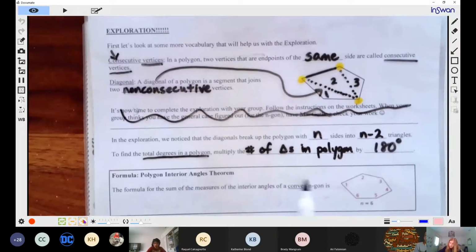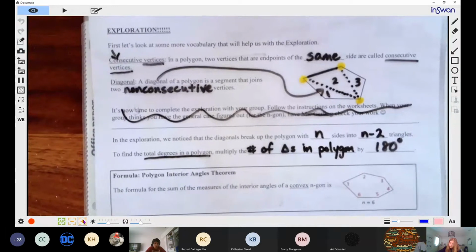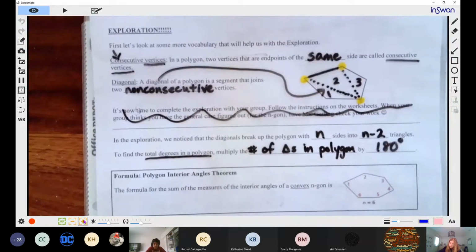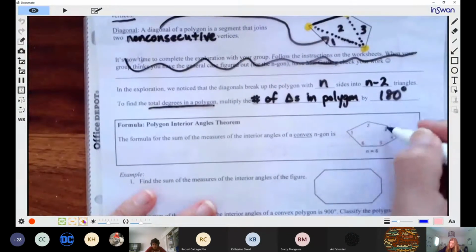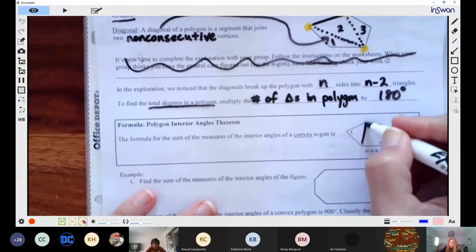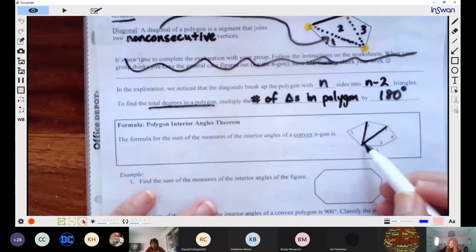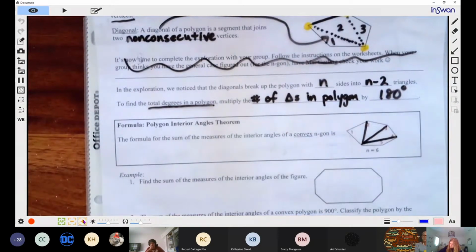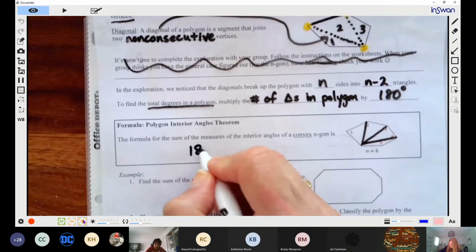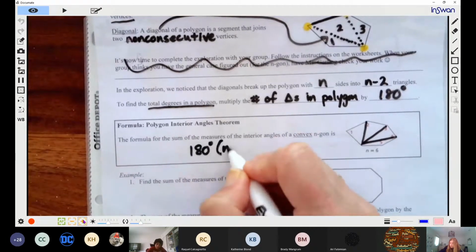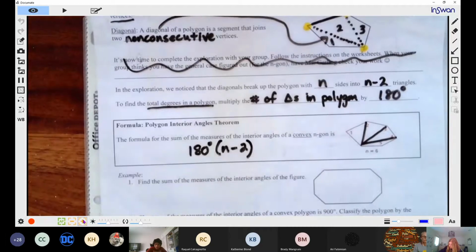So here's the formula. In this convex n-gon, or hexagon, there's 6 sides. So if I cut it up, there's 4 triangles. So the formula for the sum of the measures of a convex polygon is 180 degrees times n minus 2.